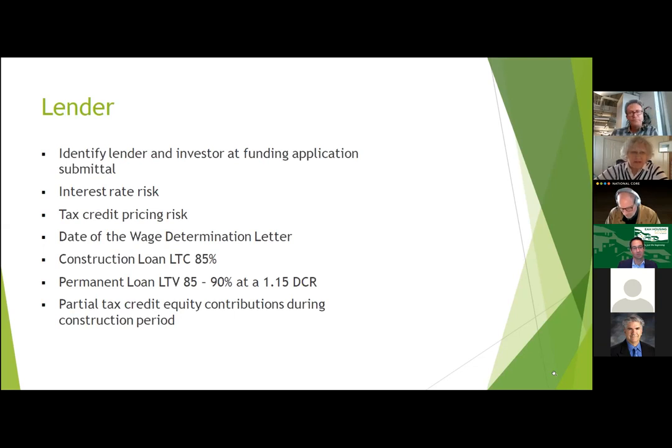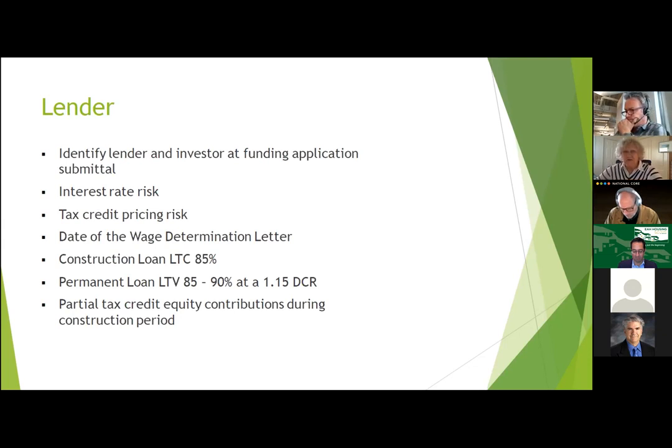These are some best practices you should keep in mind when you're thinking about the financing and your lender. It's always best to identify your lender and your investor at the point of your application submittal, because you're going to be required to get conditional commitment letters from both of them to provide in that application.